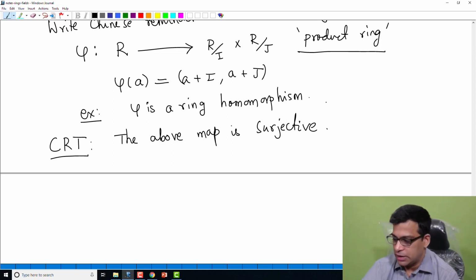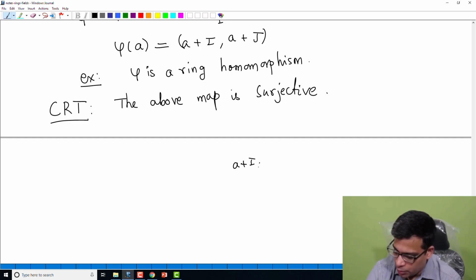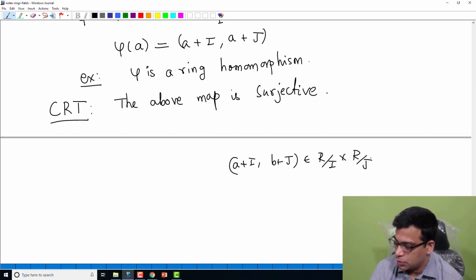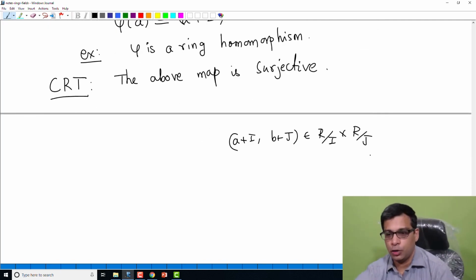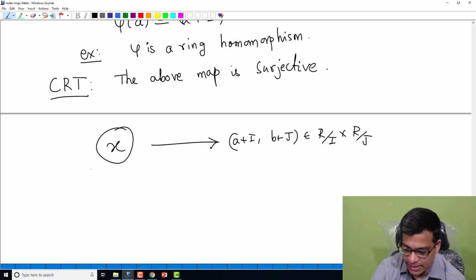In general, to be surjective, you take an arbitrary element of the product, in R mod I cross R mod J. In order to be surjective, there must be an element X which maps to that. What is this X?